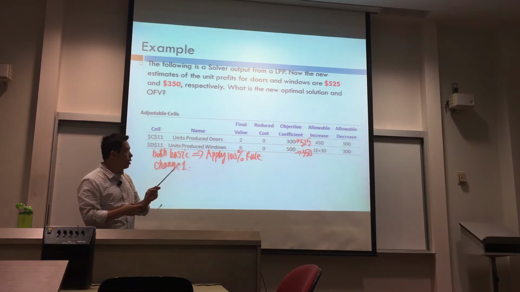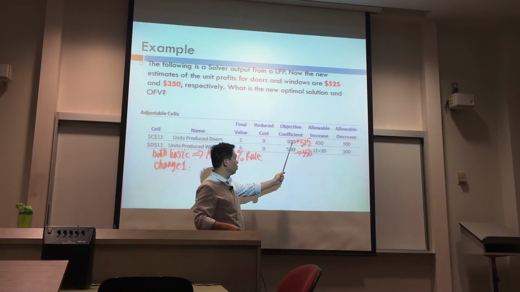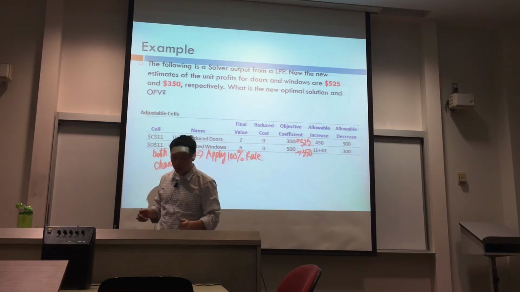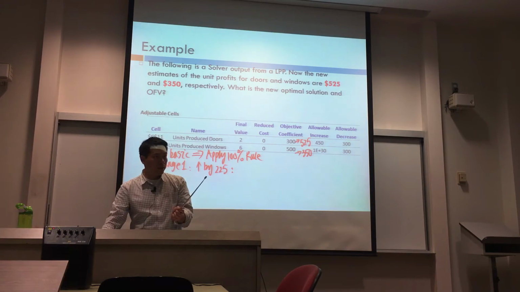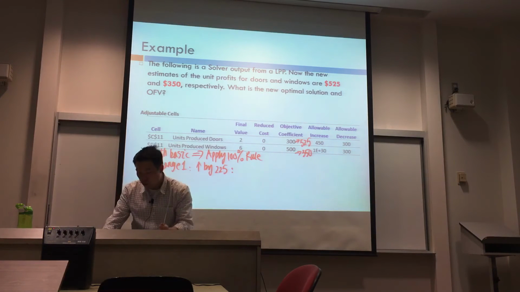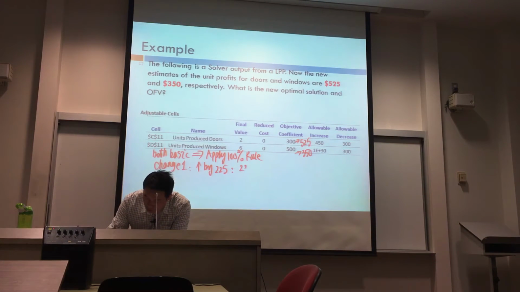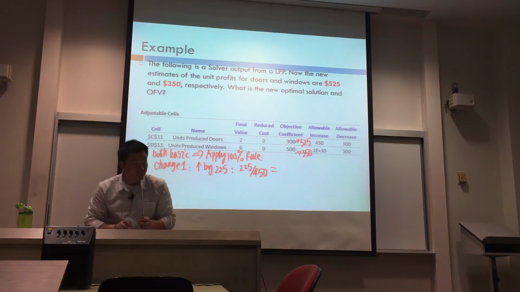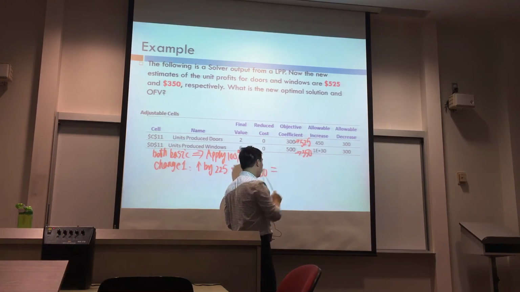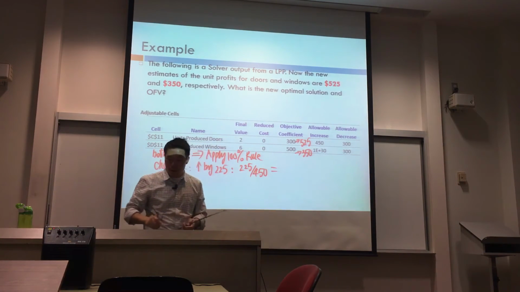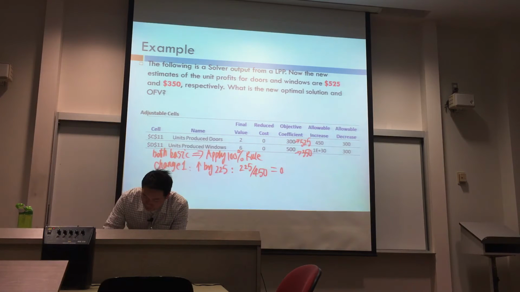So let me find out what change 1 is. Change 1 is an increase by 225. Of course, that is the absolute change, so you have to find the percentage. The allowable increase, the maximum, is 450, so 225 divided by 450 is 0.5.